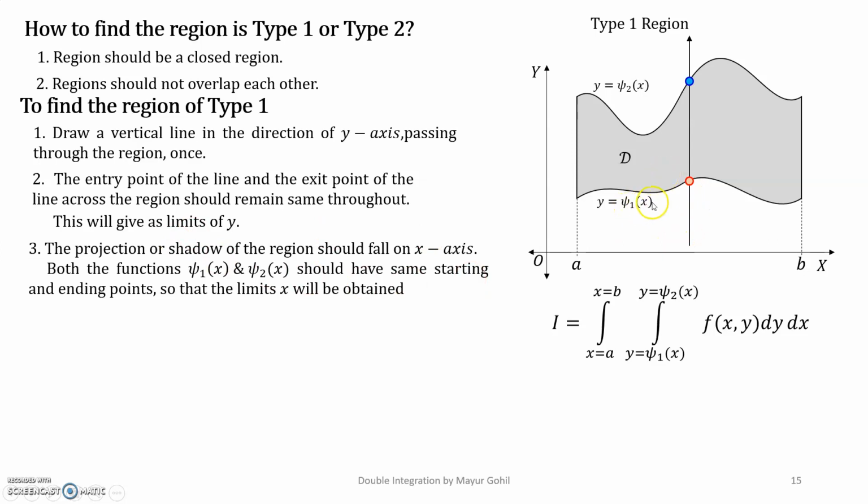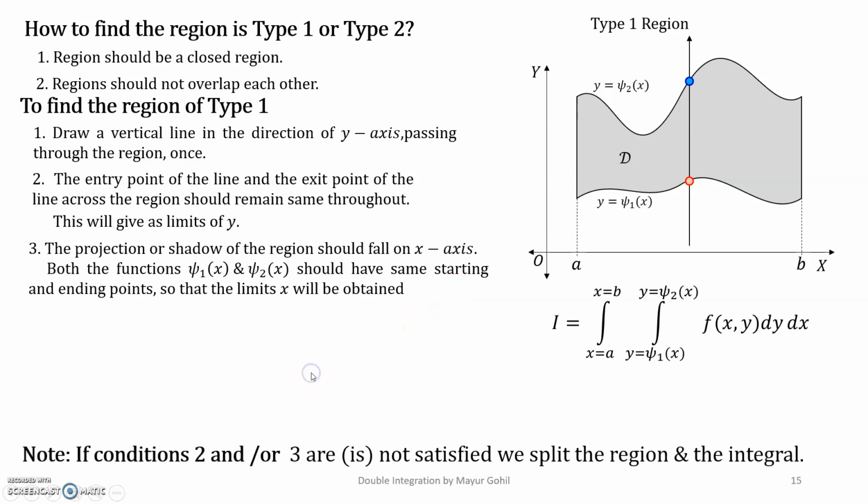Now one more, very important thing. This note I'm giving you: if condition 2 and/or 3 is not satisfied, we split up the region and the integral. I shall explain this note along with an example when the example arises.